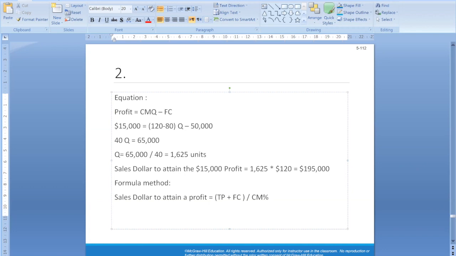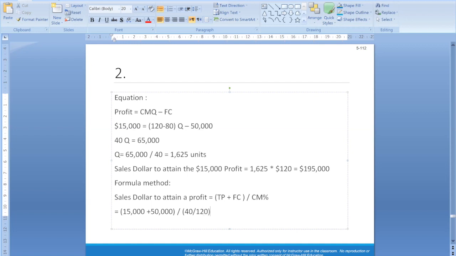So target profit here is 15,000 plus fixed cost 50,000, all divided by the contribution margin ratio. The ratio is 40 out of 120.